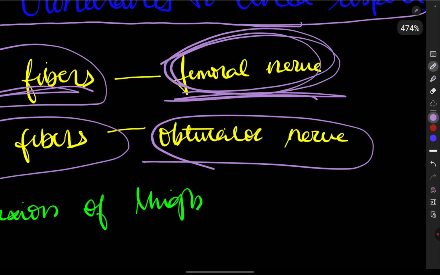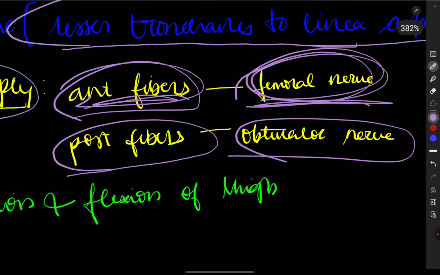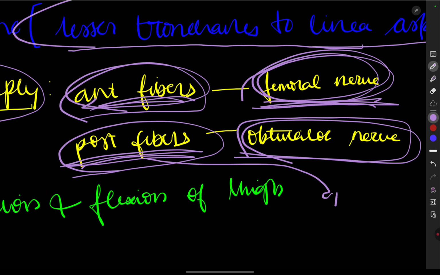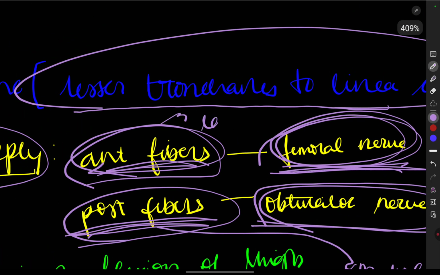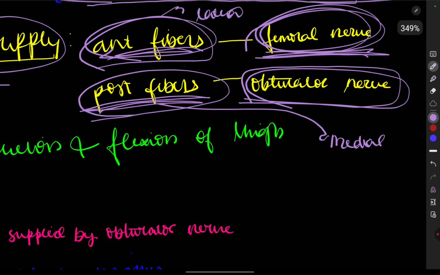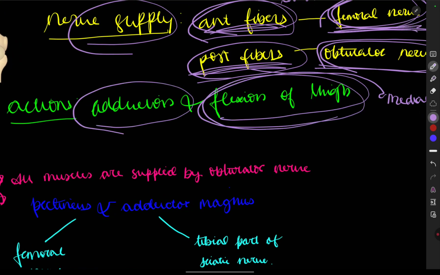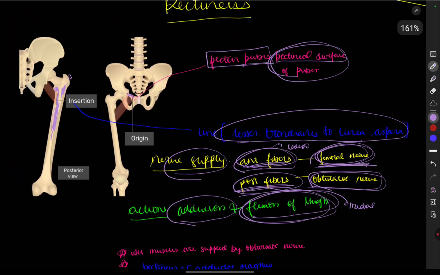We know that the anterior compartment, or the front of the thigh, is supplied by the femoral nerve, so remember the anterior fibers by the femoral nerve and the posterior fibers by the obturator nerve. Posterior meaning the medial, anterior meaning the lateral; just remember this. Its actions are adduction and flexion of the thigh. So this is about the pectineus muscle.